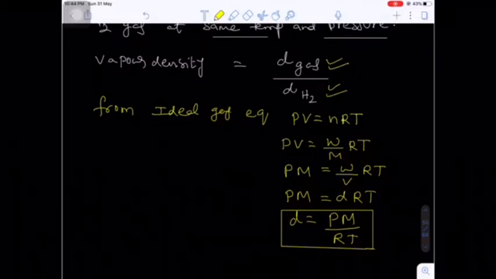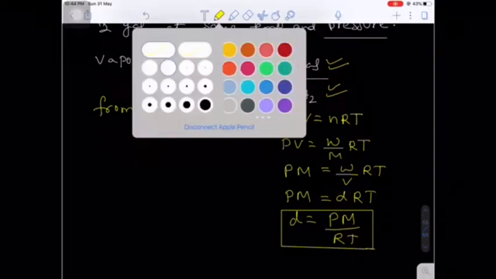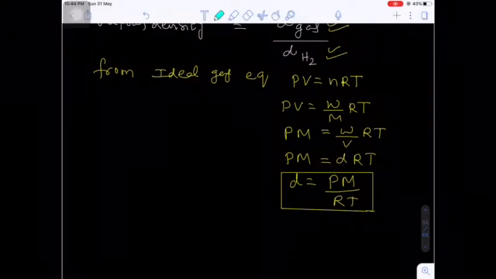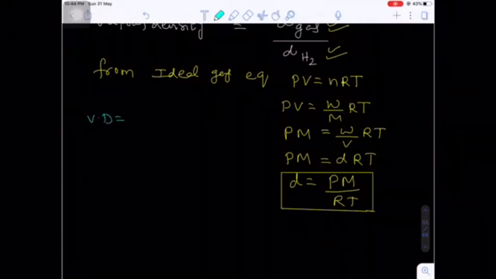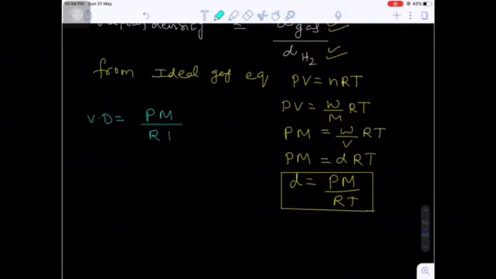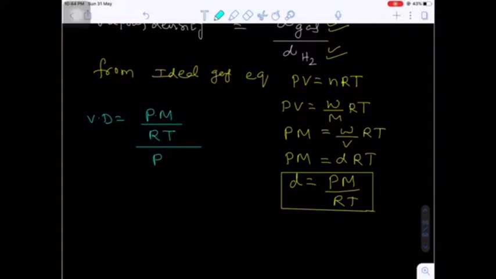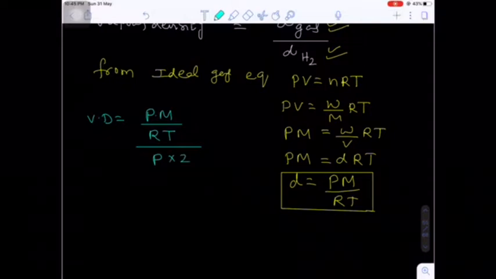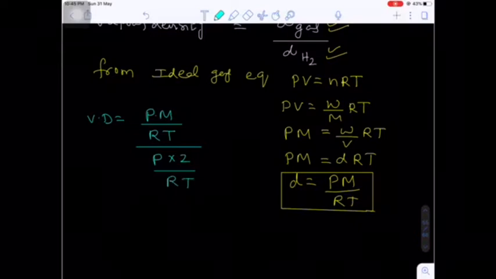Now come back to the definition of vapor density: density of any gas divided by density of hydrogen gas at the same temperature and pressure. The density of any gas is the pressure of the gas times molecular weight of the gas divided by RT, whole divided by the pressure of hydrogen gas times the molecular weight of hydrogen gas divided by RT.